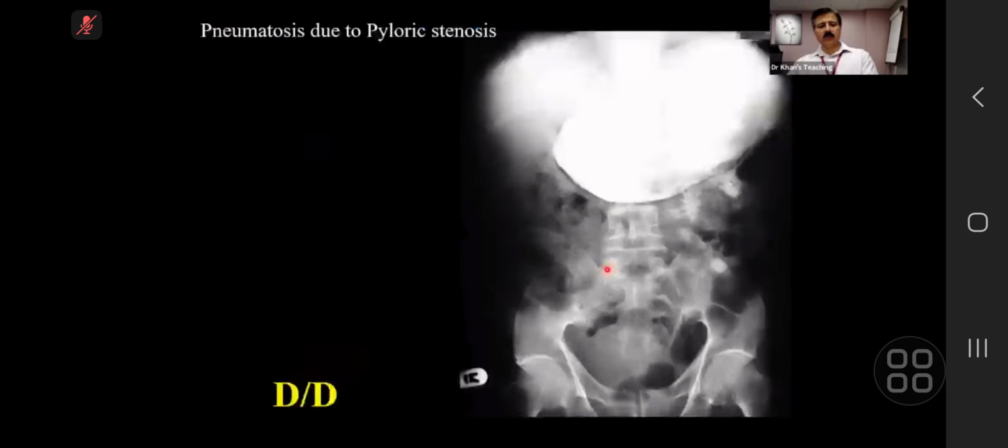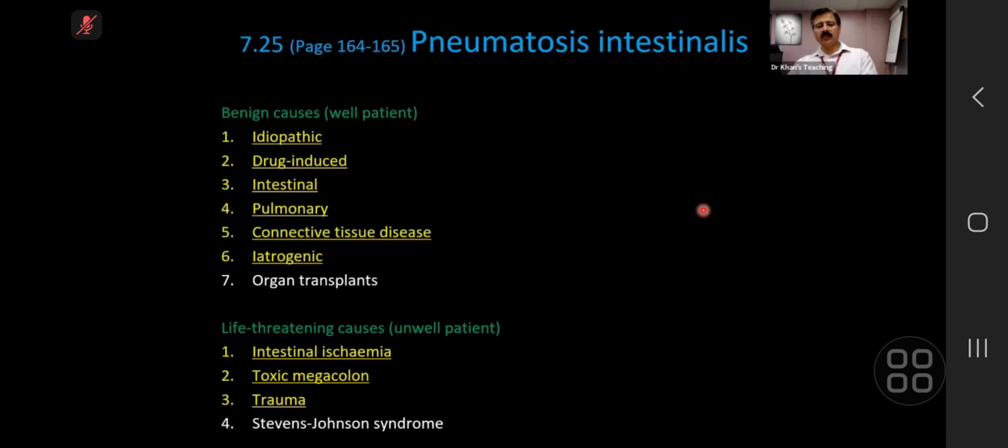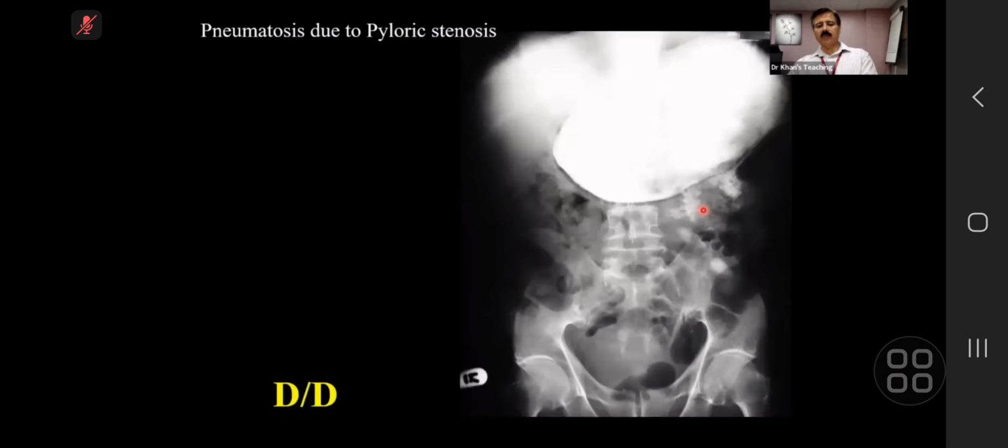Now, what is the concept? By the way, this is a contrast examination. Part of the contrast has gone, there is a bit of gastric outlet obstruction. So the concept is that when there is obstruction or dilatation, to develop your concepts, basically think like this: intraluminal pressure has increased, and there is a rent in the mucosa, and air goes inside.